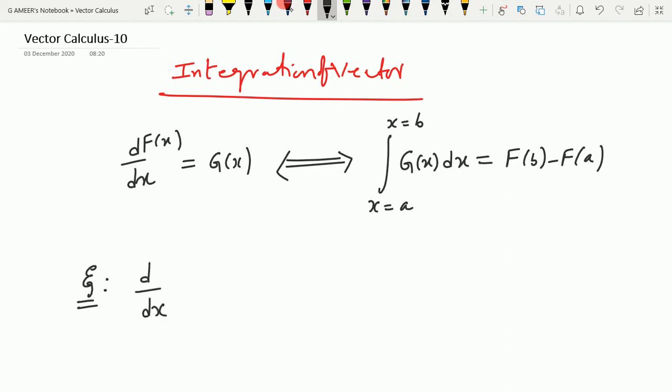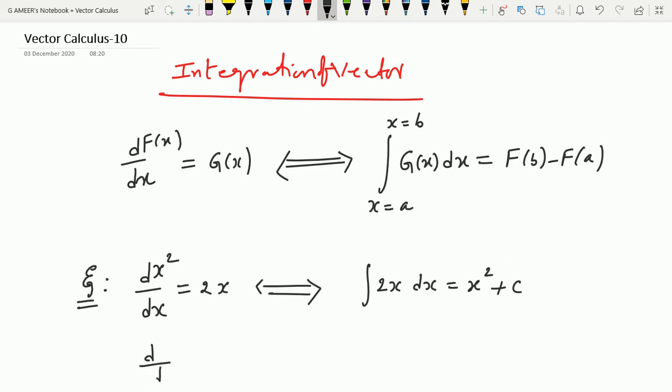For example, what is d by dx of x square? It is equal to 2x. Then obviously the integration of 2x with respect to x is equal to x square, plus of course an integration constant.